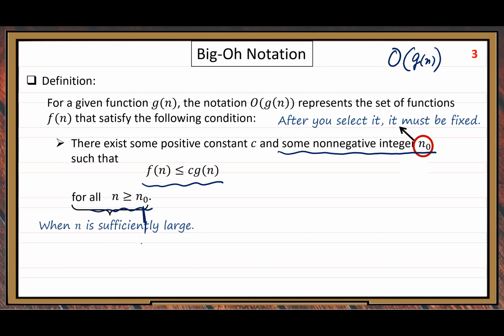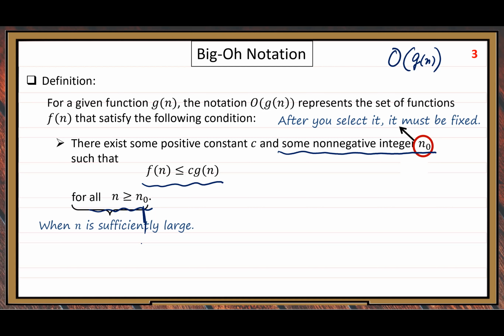Then we have a special way to call this n0 condition. Sometimes we may not like to mention this n0 number explicitly. We know there is some number, but we do not need to give the specific number for this n0. So we usually say when n is sufficiently large.